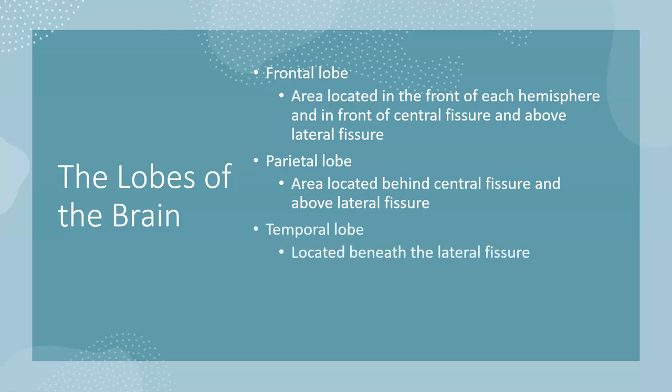The temporal lobe is below the lateral fissure, and the occipital lobe is on the back of your head, like if you took your hand and put it where those two big, bony bumps on the back of your head are. The occipital lobe is right inside there, lower back of each hemisphere.